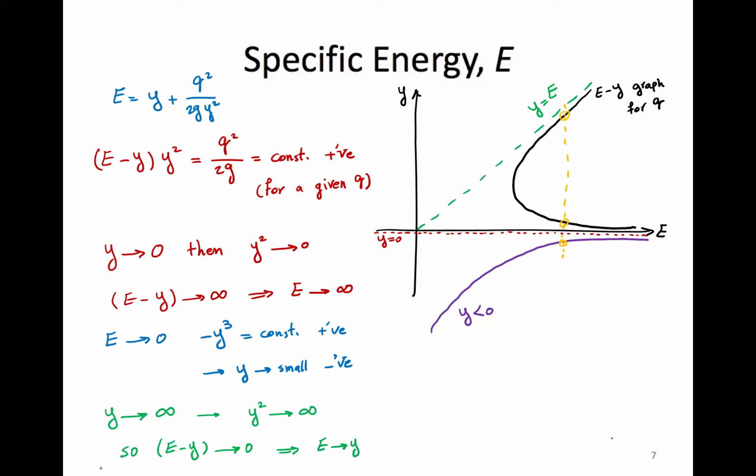Now, obviously, depth cannot be negative. So it's safe and wise to assume that this branch, which is in the negative y territory, is not physically possible. Physically impossible. How can you have negative depth, right?